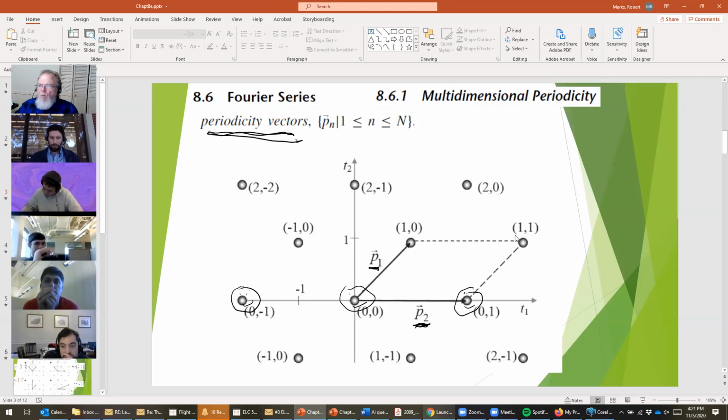For example, this point here, 1, 1, means that's 1 times P1 plus 1 times P2. So that's this point. This point here would be twice P1 minus P2. Look at that for a second and see if you agree with that. Every point in the plane can be characterized by an integer pair, which is the weighting of each one of the individuals.